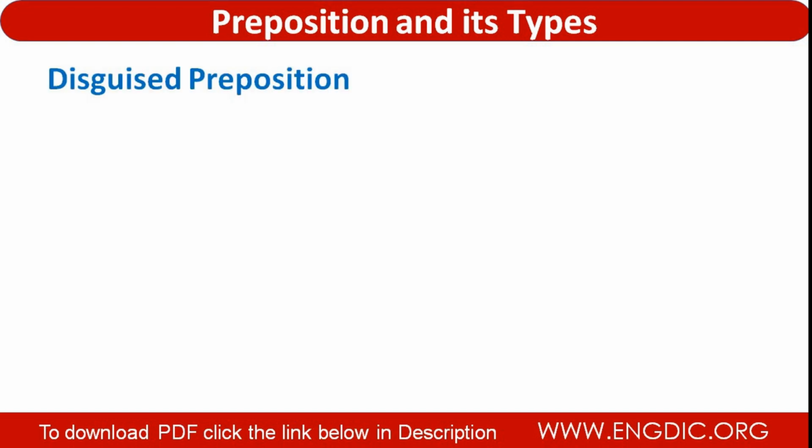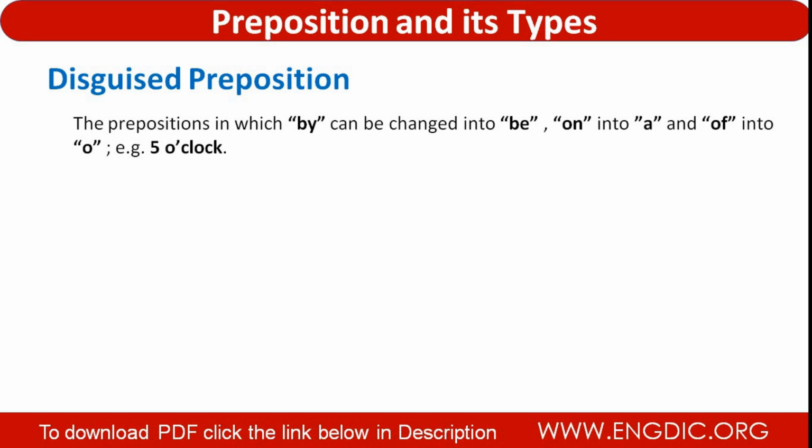Moving towards disguised preposition. These are prepositions in which by can be changed into be, on into a, and of into o, for example, 5 o'clock. They are not used in the sentences but are implied.